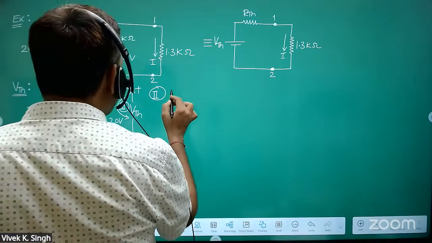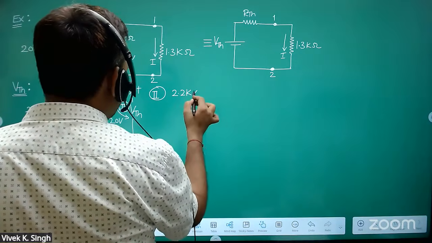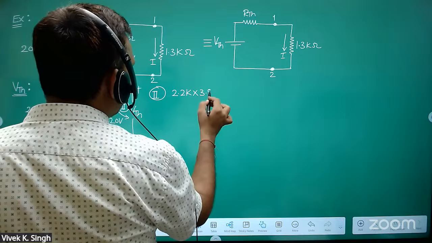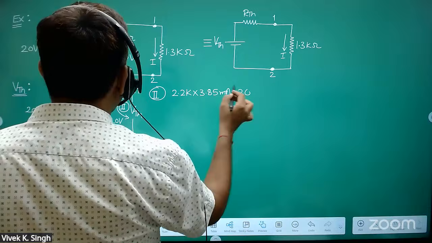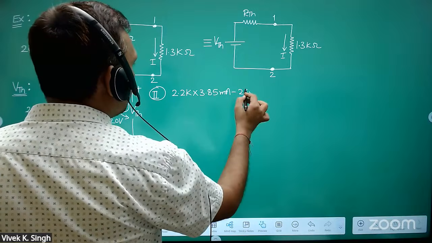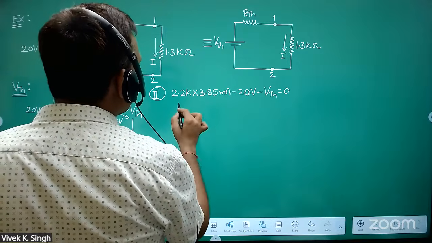So you will get 2.2K into 3.85 milliampere minus 20 volt minus VTH is 0.